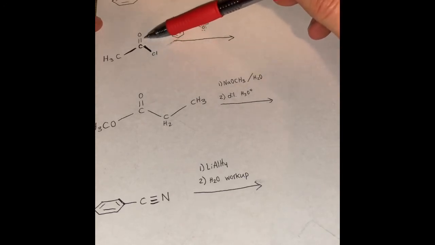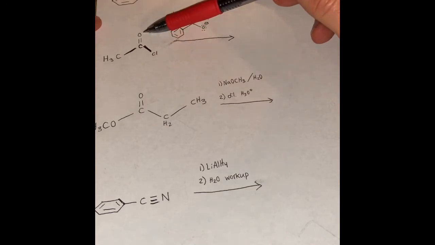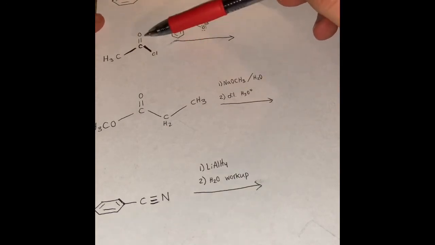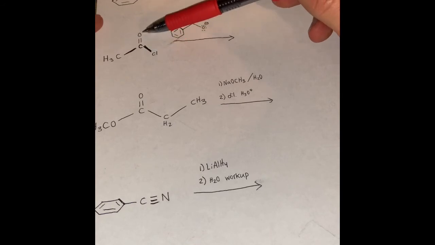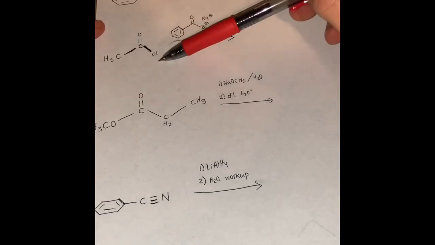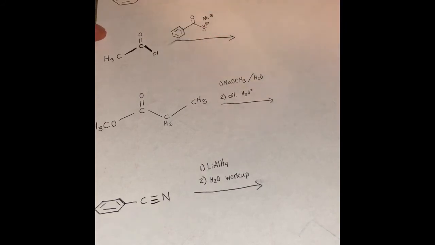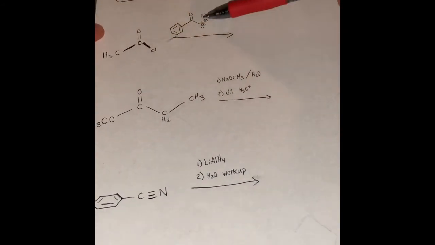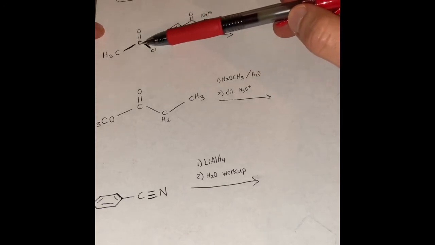Now when it does that, when this set of electrons attacks this carbon, it pushes up one of these double bonds onto the O. But then, if you remember, if we have a good leaving group on this carbonyl carbon, the electron pairs can come back down and kick off that good leaving group. In this case, we do have a good leaving group, so that will happen. And then we just have a new bond between this O and the carbonyl carbon. And it looks like this.